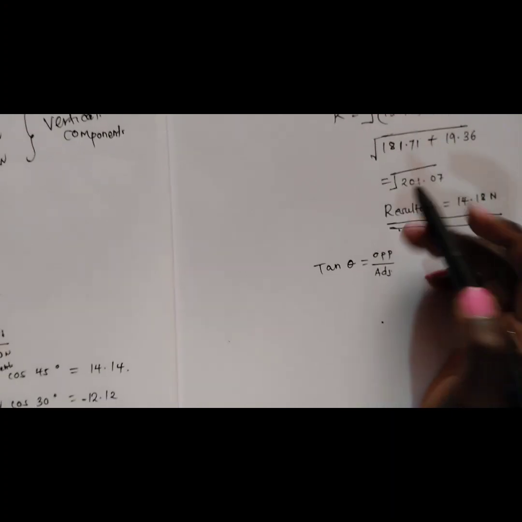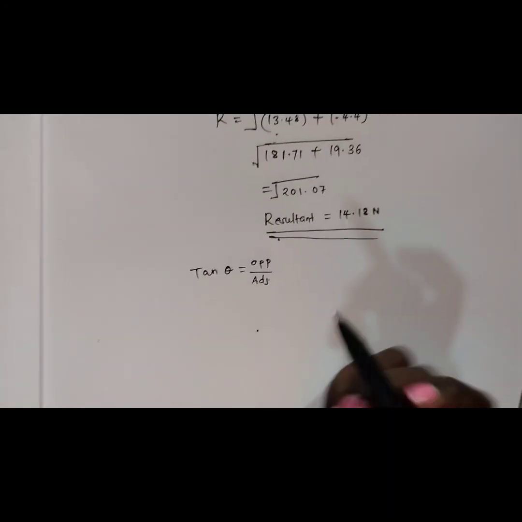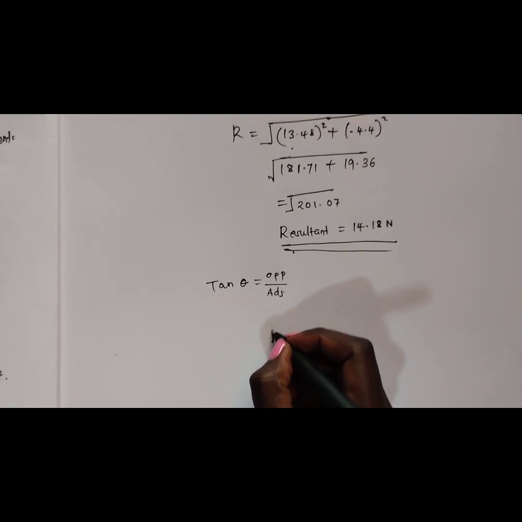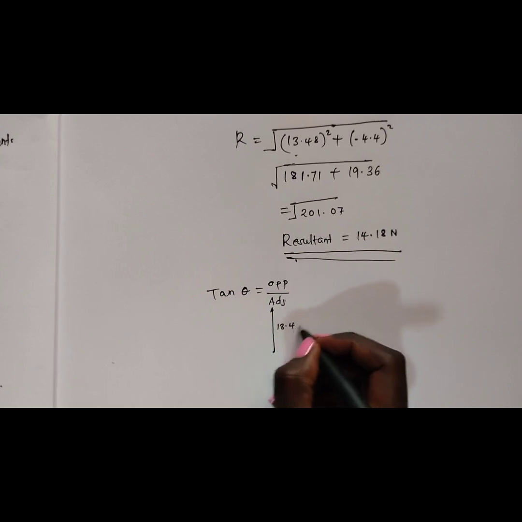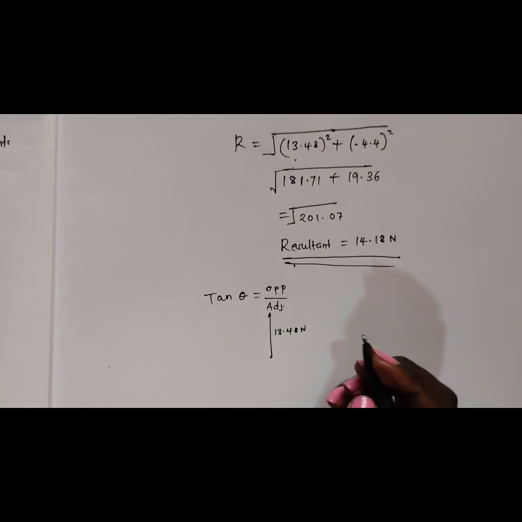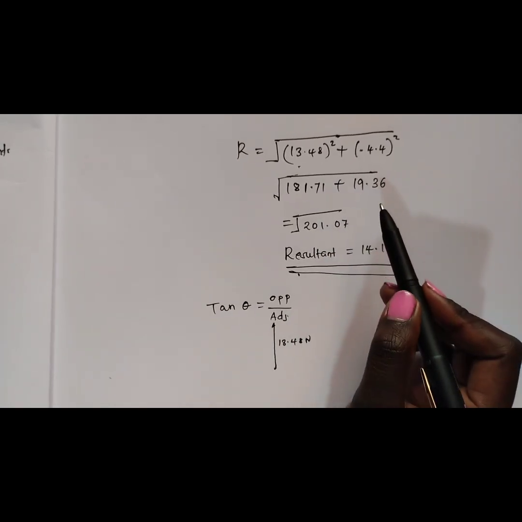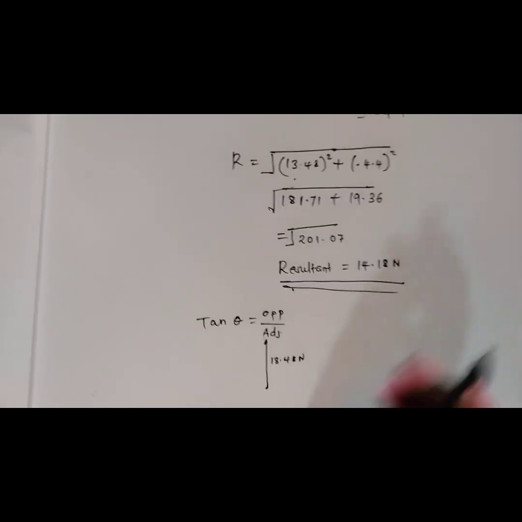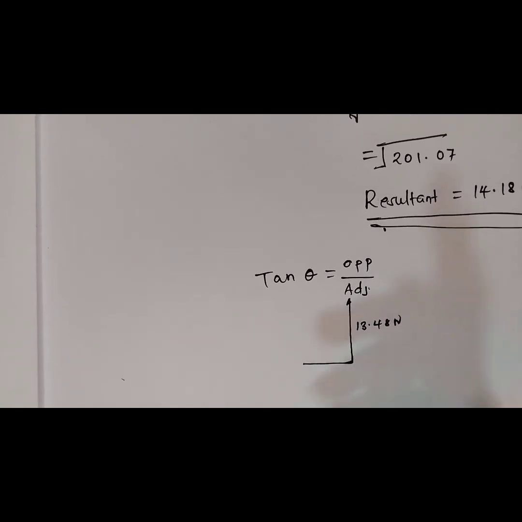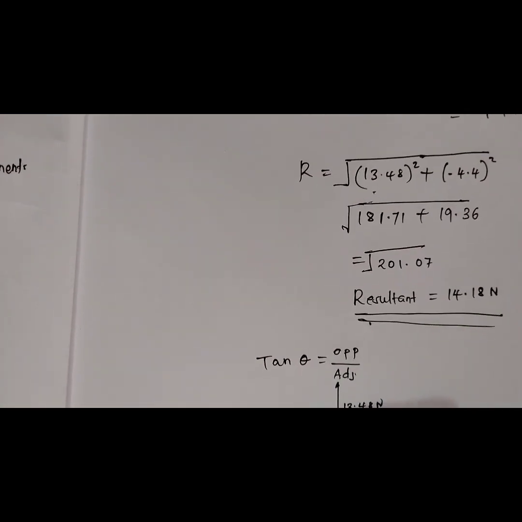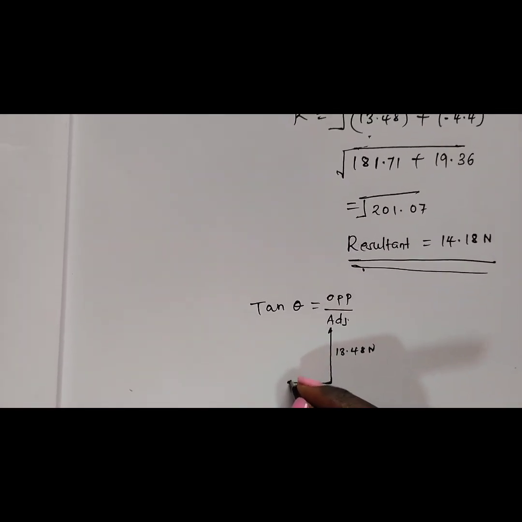From a point, our vertical component, which was positive, is acting upwards, of 13.48 newtons. And the horizontal component is negative, that's why I'm writing it in this direction, of 4.4 newtons.